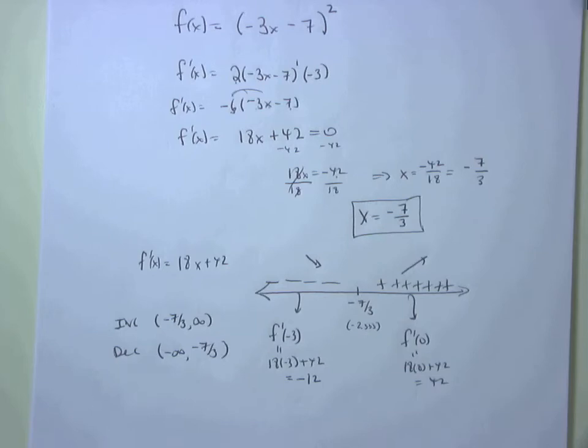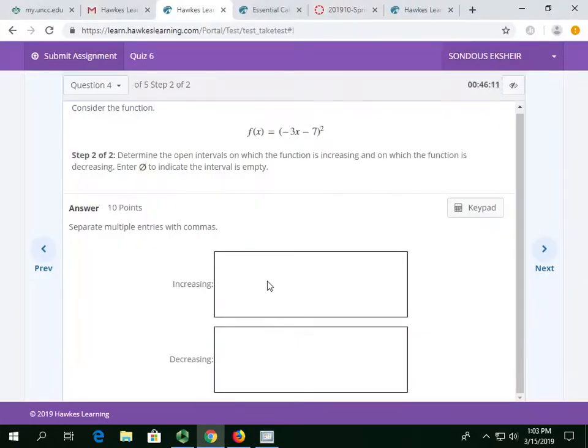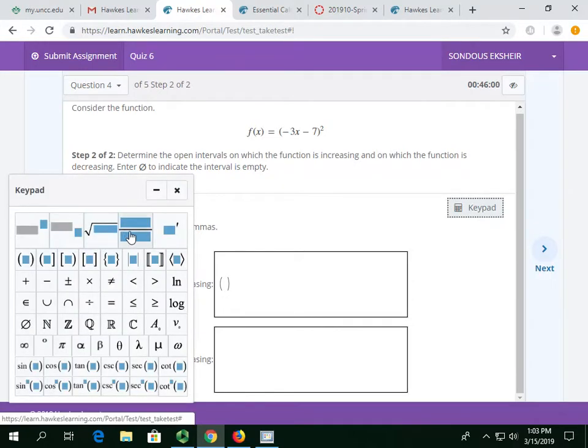So let's type that in. Come back over here. I'm increasing on the interval, parentheses there, and it gives me an ordered pair. It's increasing from, now I need to put a fraction here, so this was negative 7/3, and then over, click it, comma, infinity.